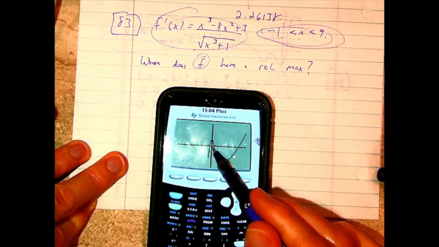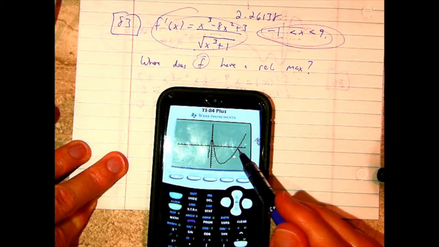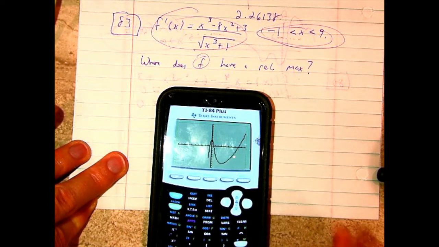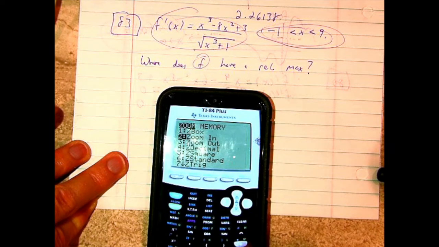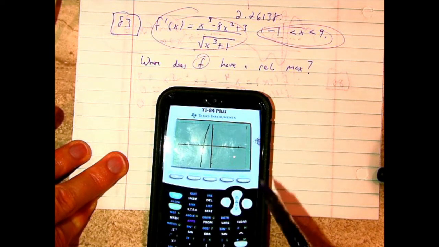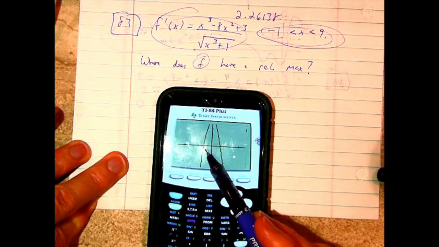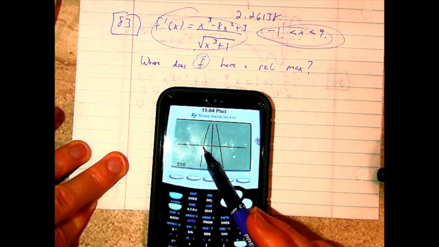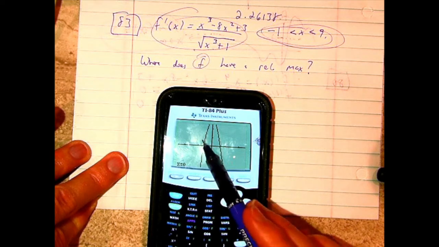So all three of these places where f prime crosses the x-axis are critical points, but we have to ask, what is the nature of these critical points? Are they local minimums, local maximums? Well, let me go ahead and zoom back in so I can point a bit more clearly. At this point right here, which is almost at -1, f prime switches from negative to positive.